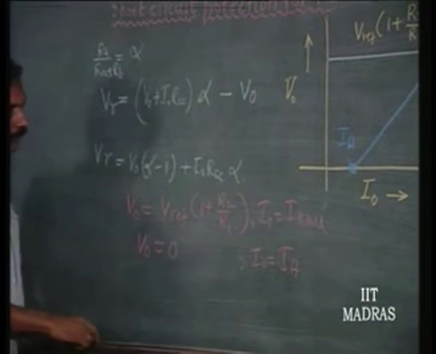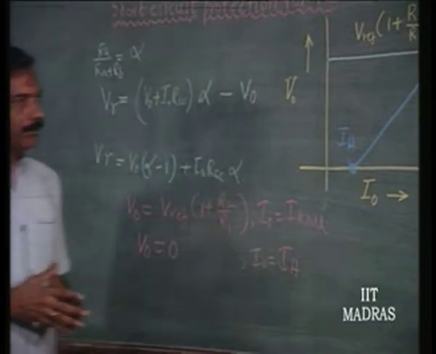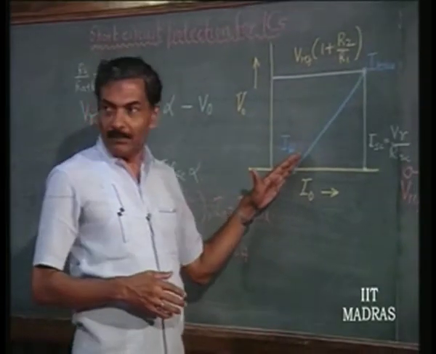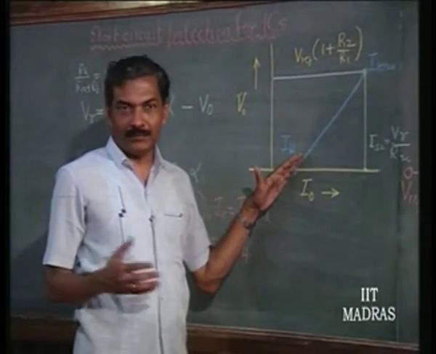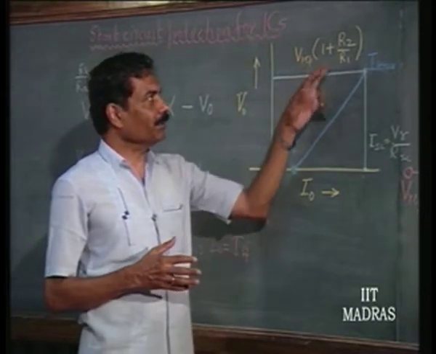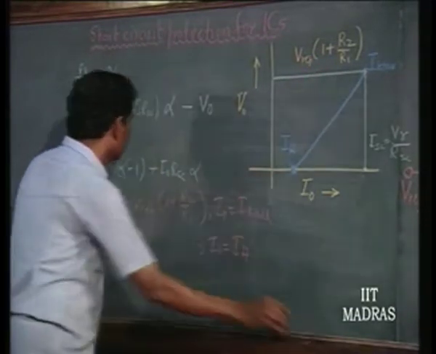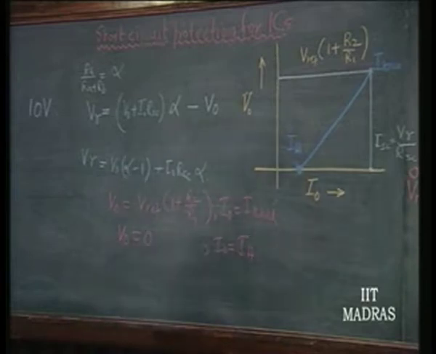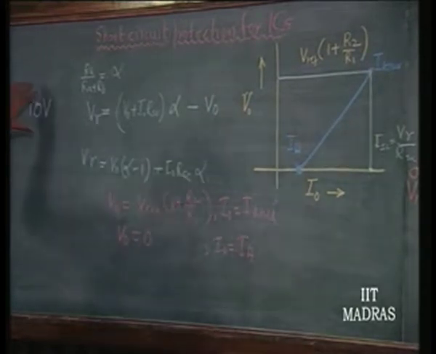So, now my problem is, let us take a typical example. Let us say V reference into 1 plus R2 over R1 is 10 volts. I am giving you an idea as to what are the limitations that will come in practice, because unless I give you a problem here, you will not be able to appreciate this 10 volts.